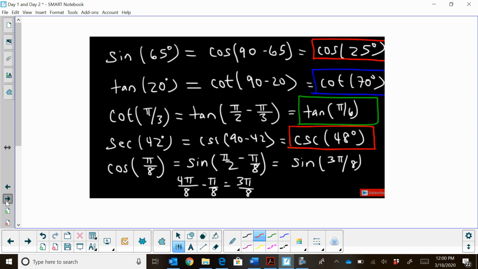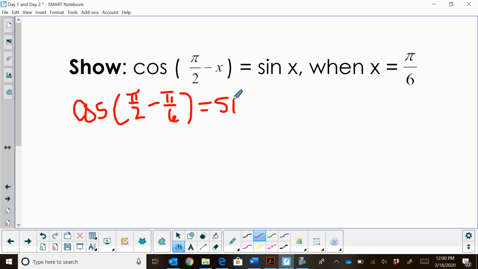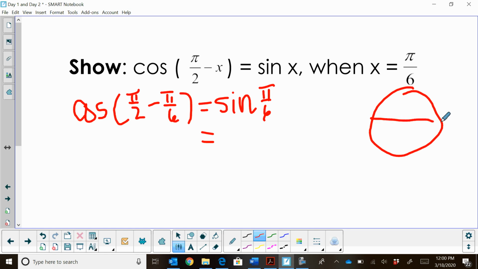Now, there are those answers if you need those. Let's just prove it. Let's just show it. Let's evaluate and use our unit circle. So the cosine of pi over 2 minus pi sixths, we're going to evaluate this for pi sixths, is equal to the sine of pi sixths. What do we know the sine of pi sixths is? Well, that's on the unit circle, right?